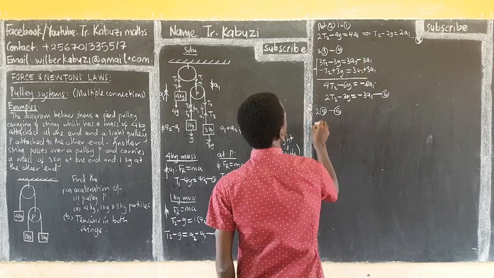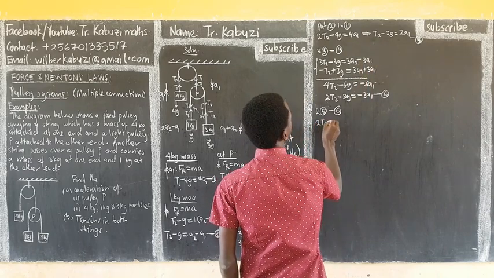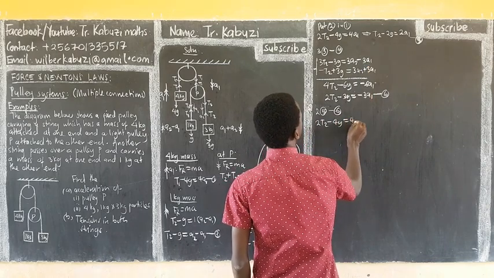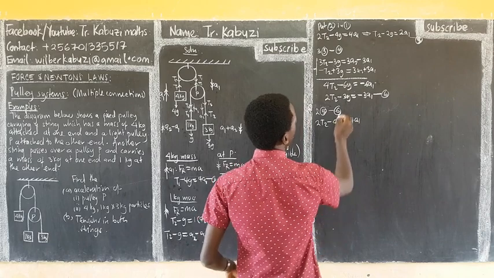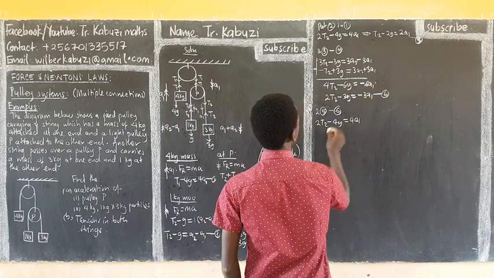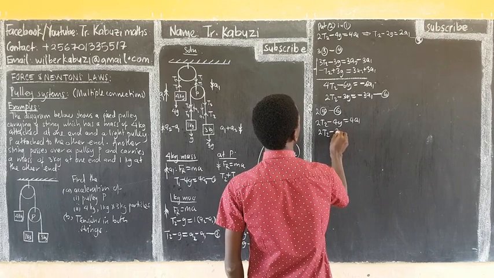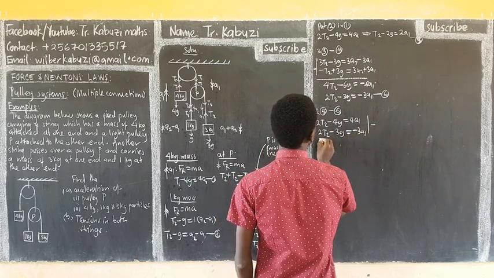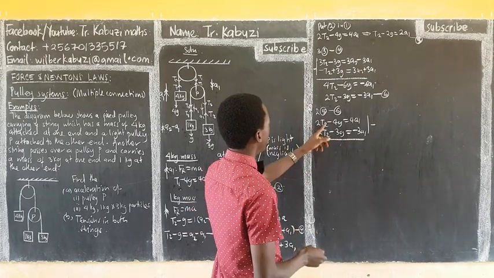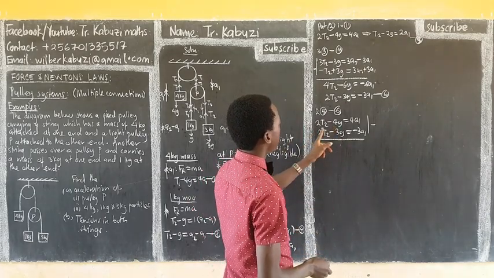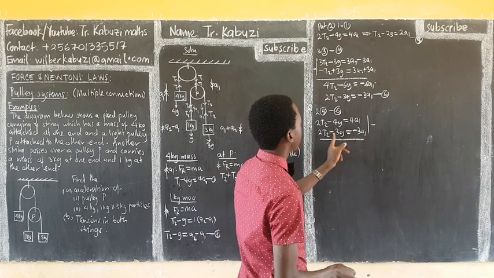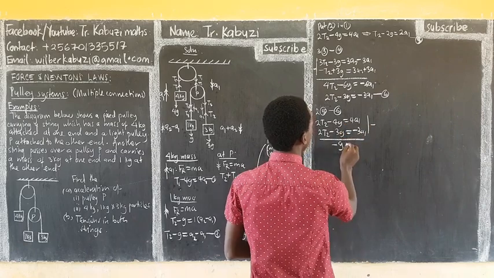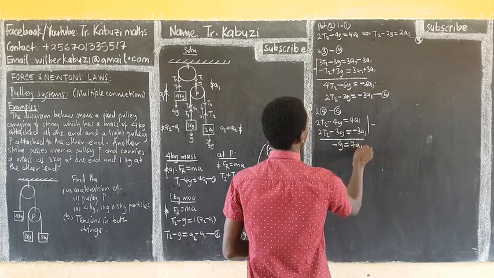So we have 2T2 minus 4g equaling 4A1. Then you subtract equation 6, which is 2T2 minus 3g equaling negative 3A1. This minus this goes, this minus this, we shall have negative g. Then this minus this, we shall get negative 7A1.